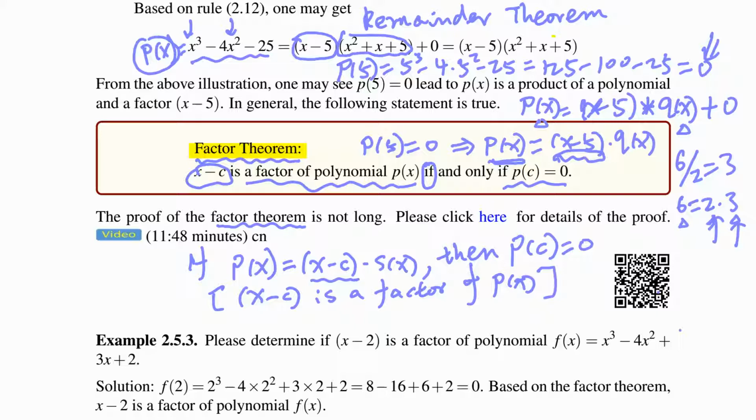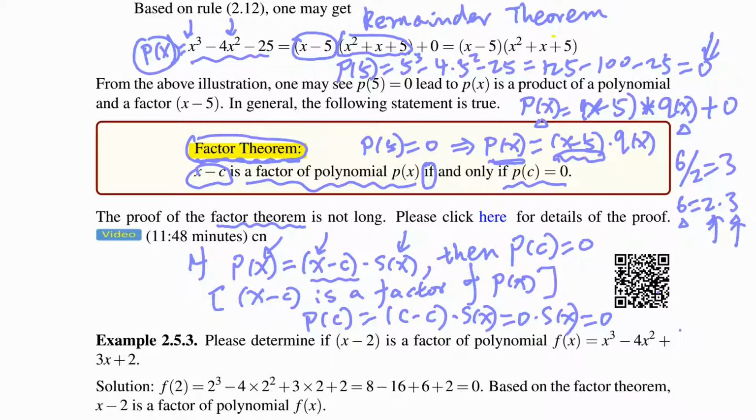Because you plug in c here, c here, c here. What do you get? You get p of c is c minus c times s of x. That's 0 times s of x. That's 0. 0 times anything is 0. Okay. So that's the other part of the factor theorem.